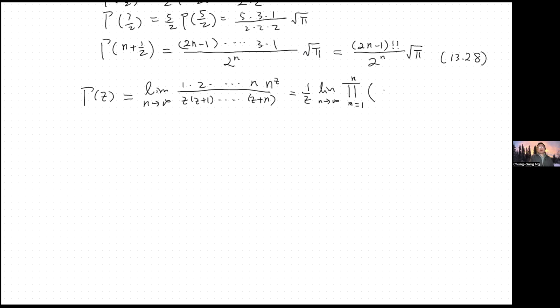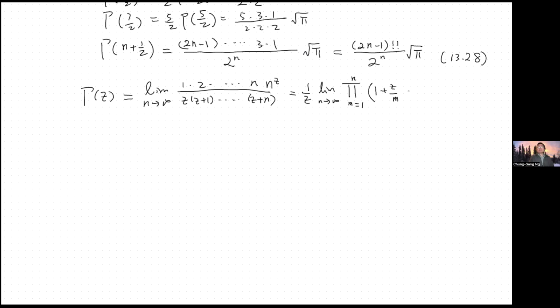Because basically z plus 1 divided by 1, and z plus 2 divided by 2, and so on. The first one, for m equals 1, is just 1 plus z over 1.